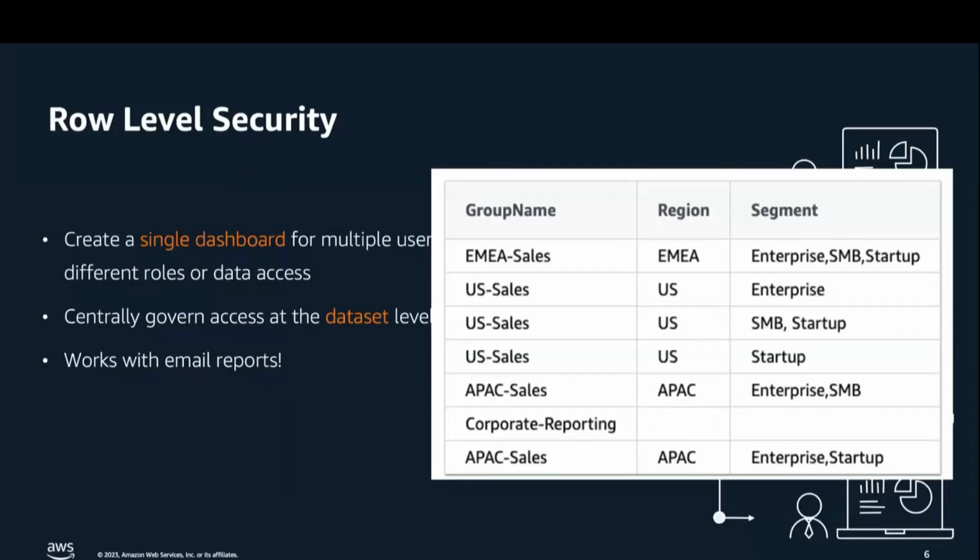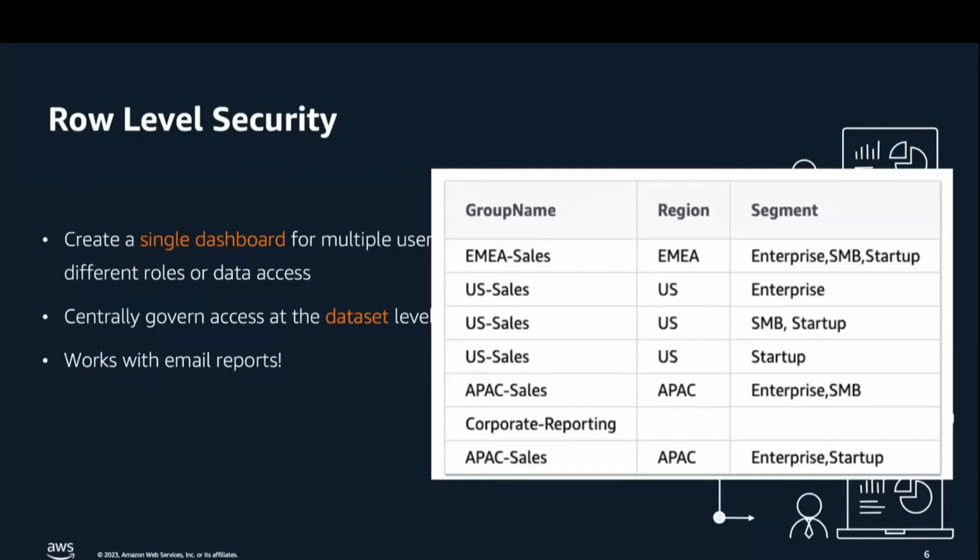It's essentially saying that users who belong to the US sales group can see data that relates to the US region in enterprise, or data that relates to US in SMB, or US in startup. So all of these rules work in conjunction together.